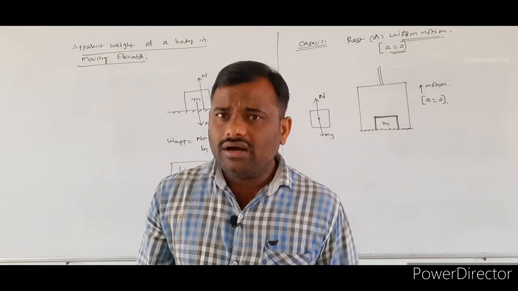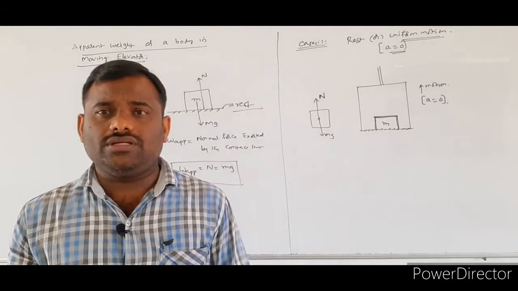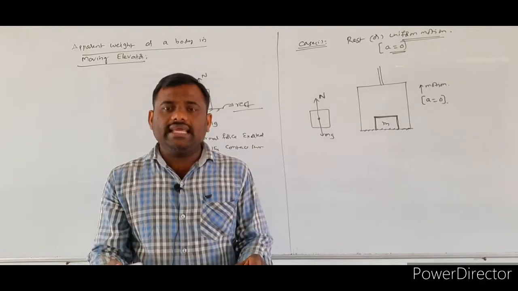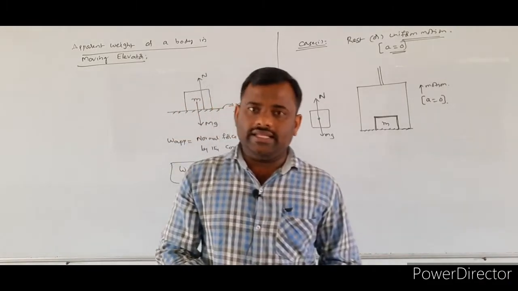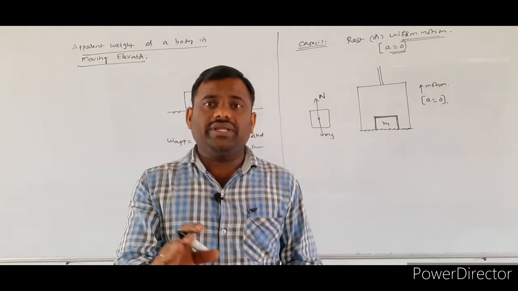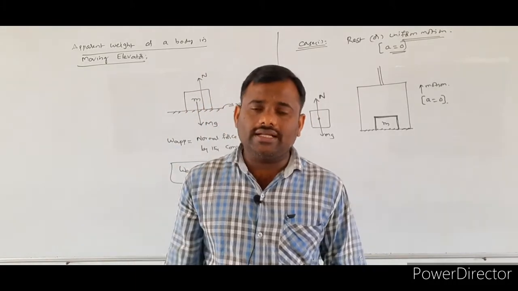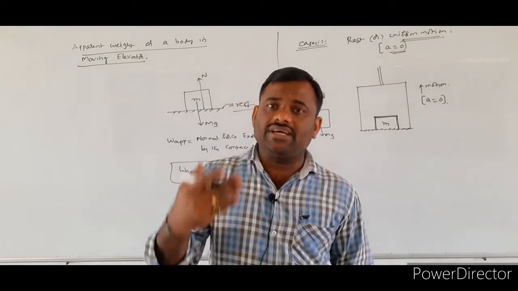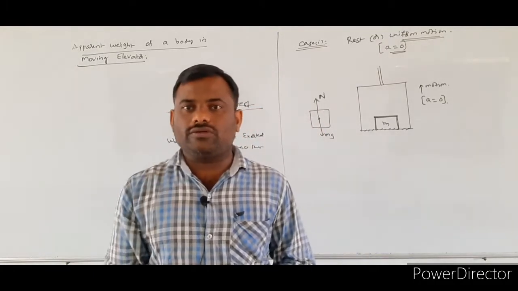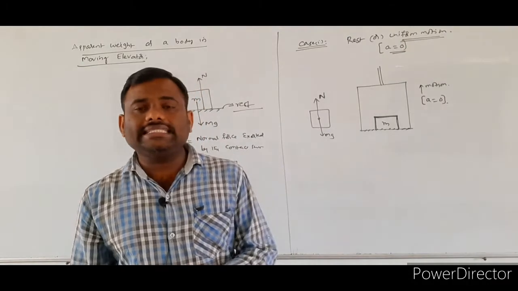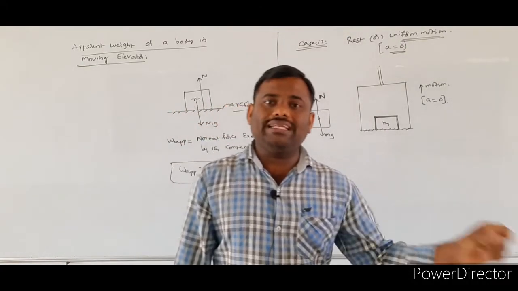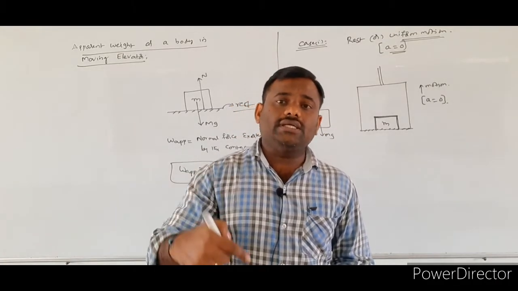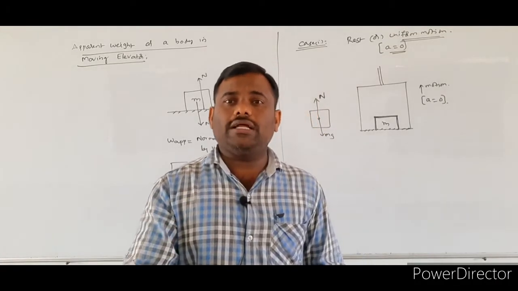In the concept of inertia of motion, the theory was already discussed. If we are sitting in a bus and the bus is initially at rest, our body is also at rest with respect to the ground. If the bus is traveling with a speed of 50 km per hour, with respect to the ground the speed of the body is also 50 km per hour.